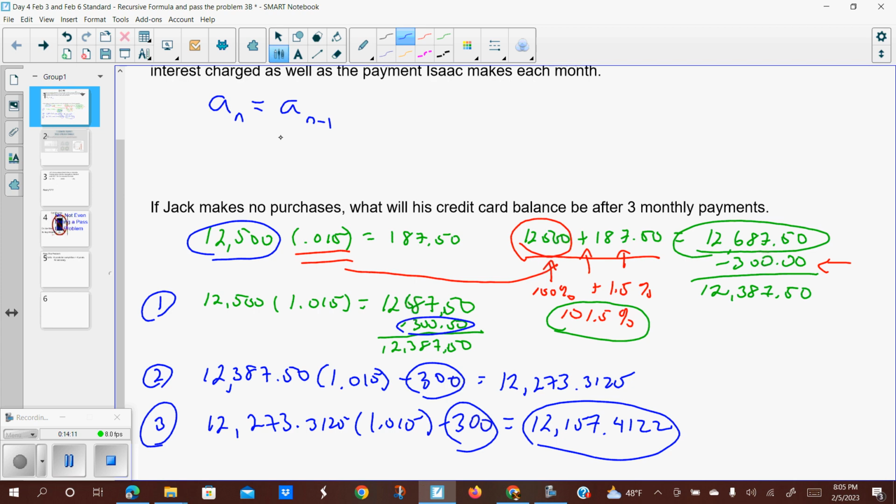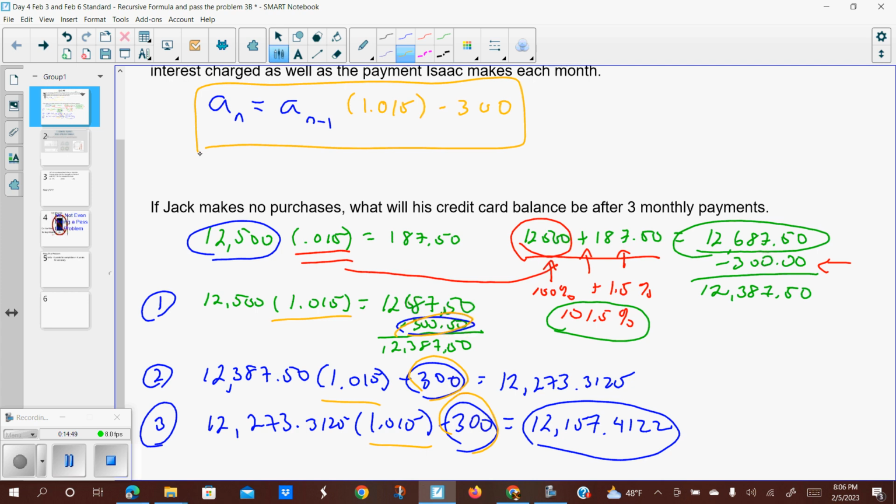And then we're going to take that, and each time we multiplied by 1.015. And then we subtracted $300. So that is our recursive formula. It just means that we're always going to take the previous balance, multiply it by 1.015, and then subtract $300. And that gives us our recursive.